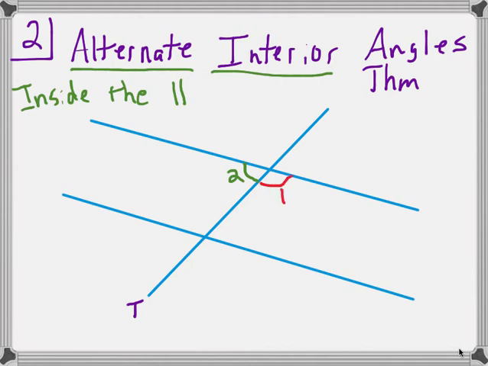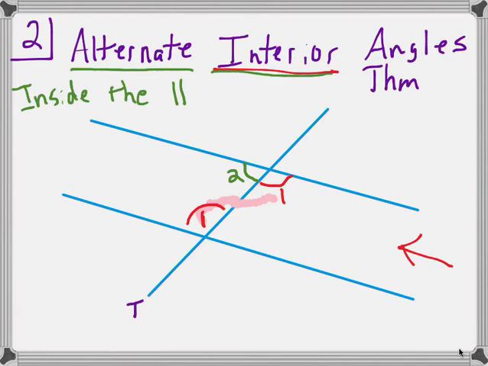Now angle 1, if I go across the transversal line, this line right here, and get to that angle right there, you'll have a congruent angle. I don't know why I wrote 2. It should be angle 1. So that is congruent. Inside the parallel lines, inside the tracks. That's what interior means.